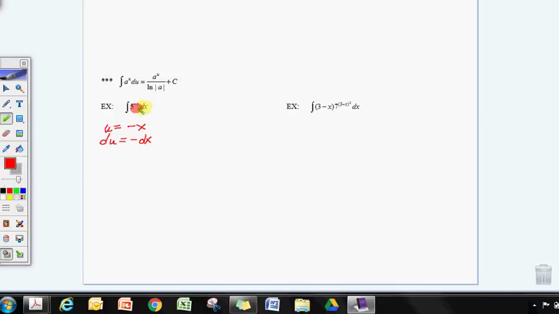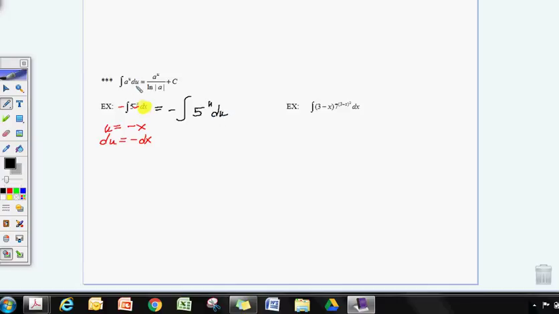So I'm going to put a negative sign inside of it and a negative sign on the outside to balance it. So now I technically have negative integral of 5 to the u du.